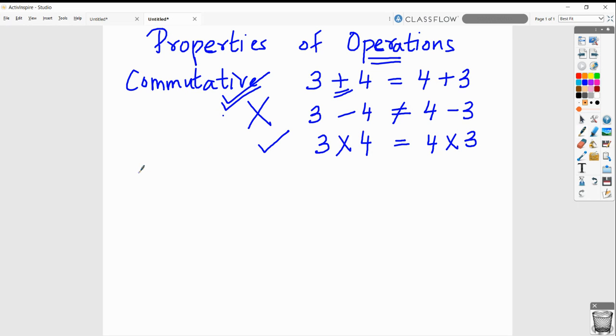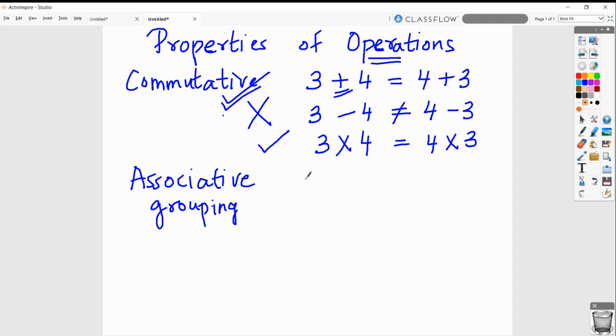The next property we will talk about is called associative. Associative, you can think of the word association. Association means grouping. So, if I group the numbers in different ways, will I get the same answer?